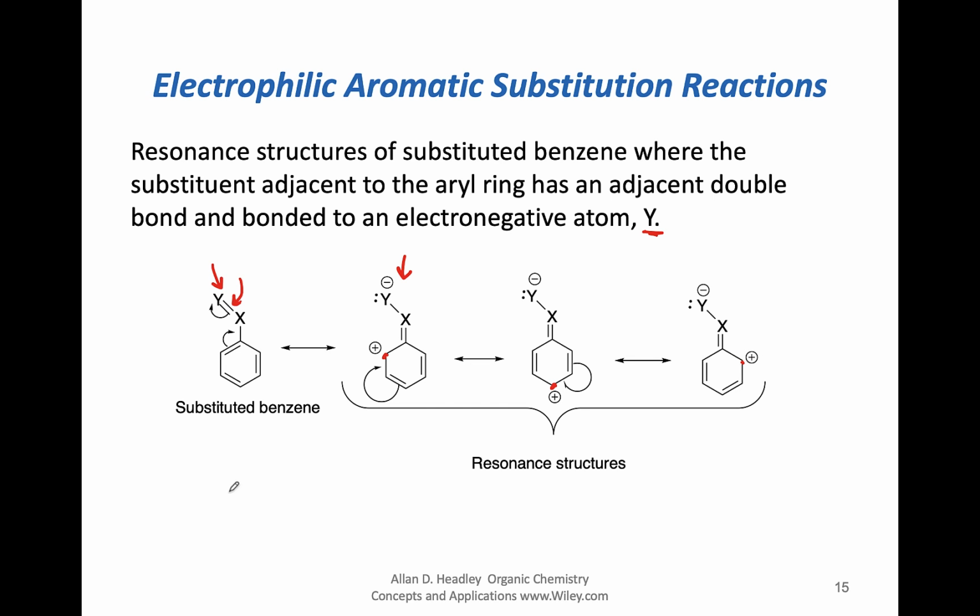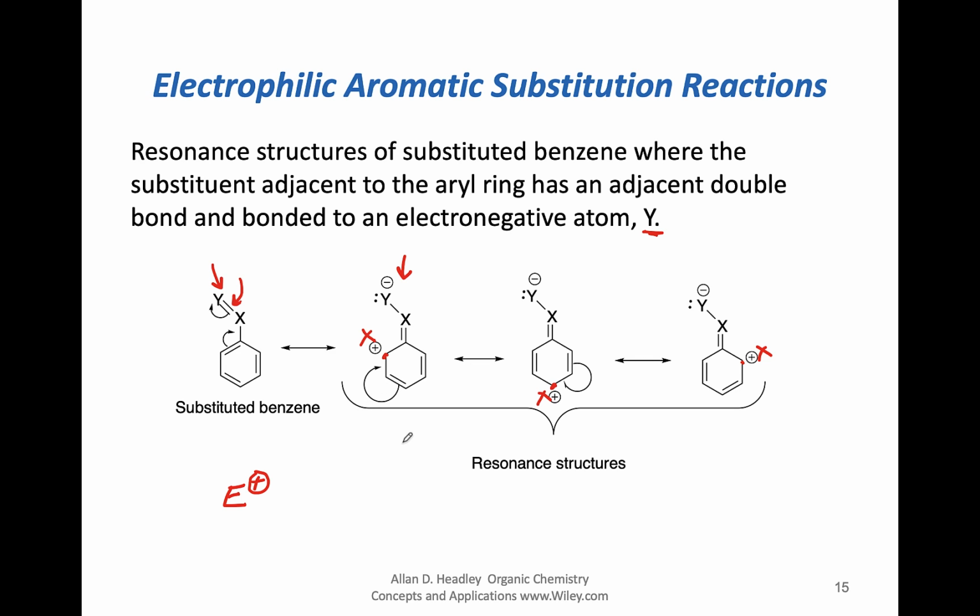So, as you can imagine, if we were to react this with E plus, an electrophile, it would not go here, it would not go here, it would not go here, because they have the same charge. And we say like charges will repel each other.